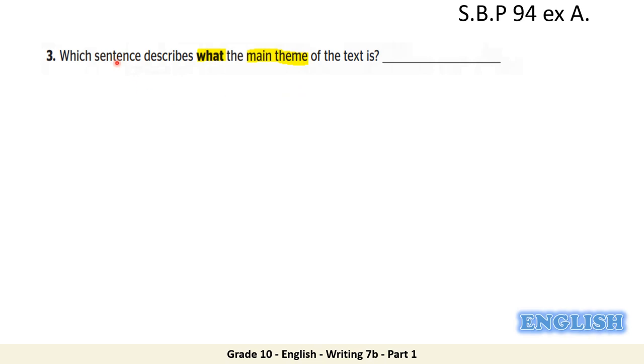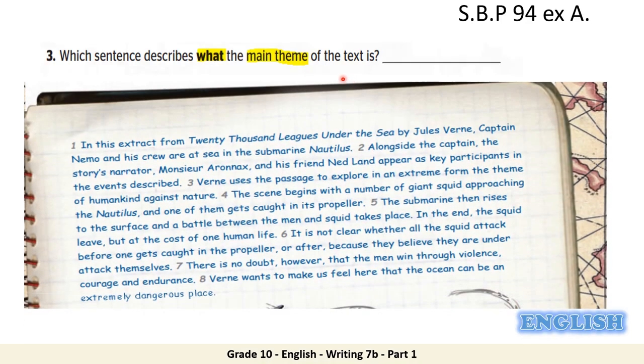So which sentence describes the central idea of the text? Pause the video for a while. Try to highlight the sentence in your student book. Now, the answer is, that's right, sentence number 3. So, what is the main theme of the text or the story? That's correct. So, the theme of humankind against nature.